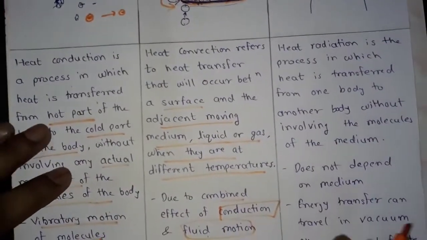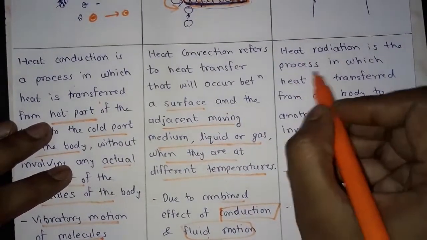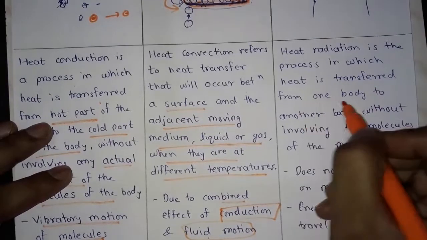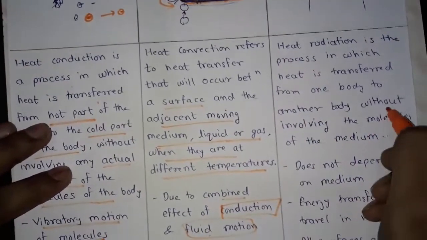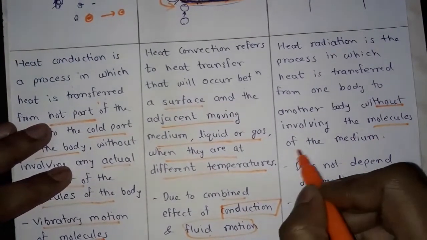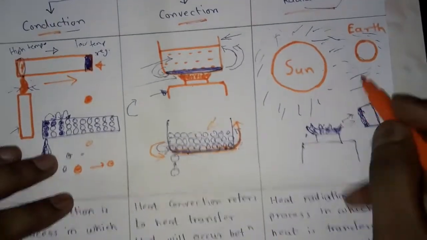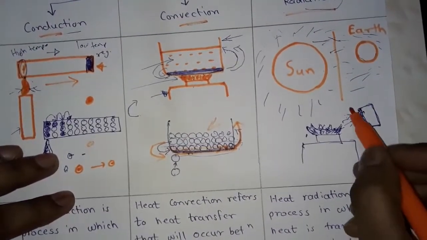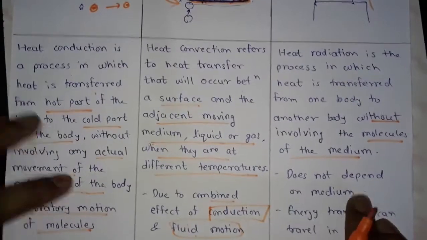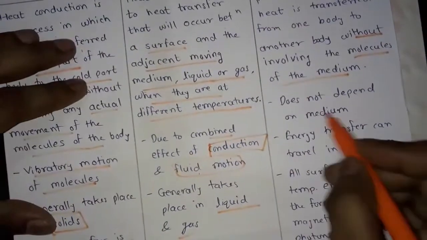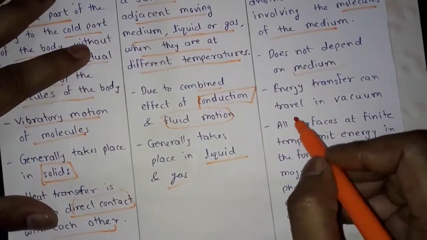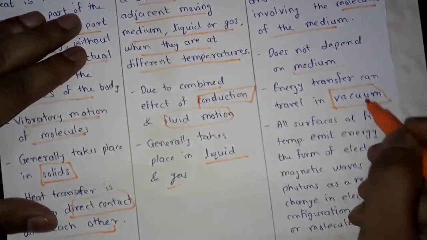Let's see the theoretical point here. Heat radiation is the process in which heat is transferred from one body to another body without involving molecules of the medium. As you can see here, there is no medium. Here also there is no medium. It does not depend on a medium.